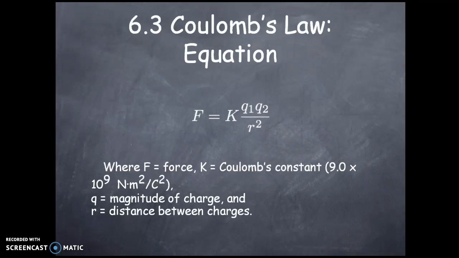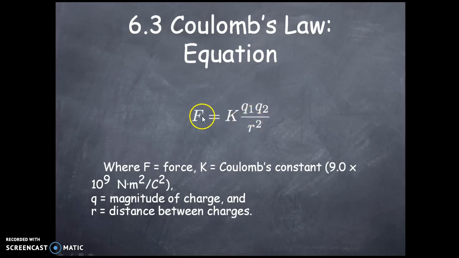So you can see the formula, the mathematical equation representation. The force is represented by F, and K is Coulomb's constant, whose value is 9 times 10 to the power of 9 newton meter squared per coulomb squared. You can see that these two are charges, Q1 and Q2, and R is the distance between those two charges.